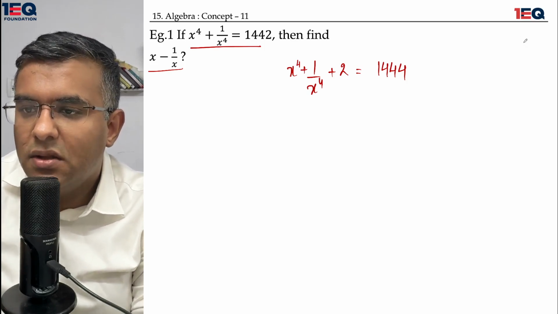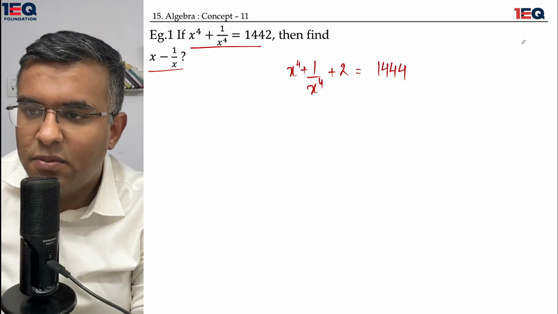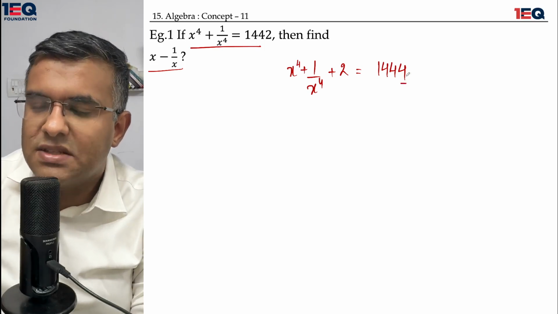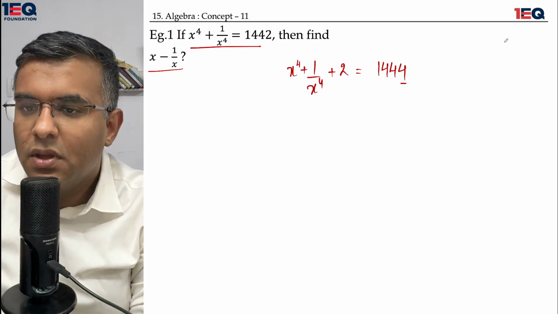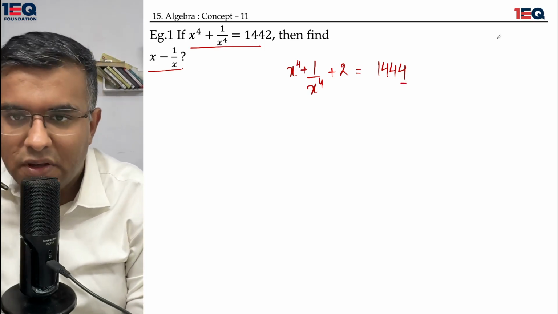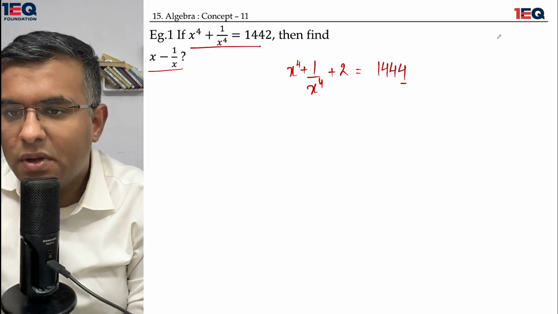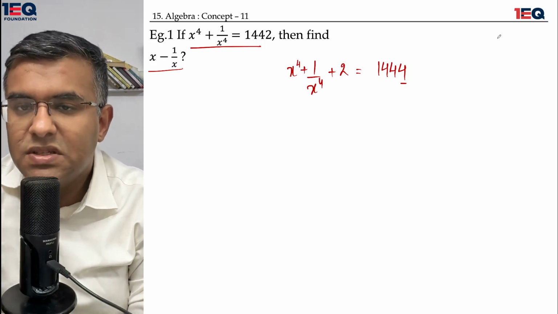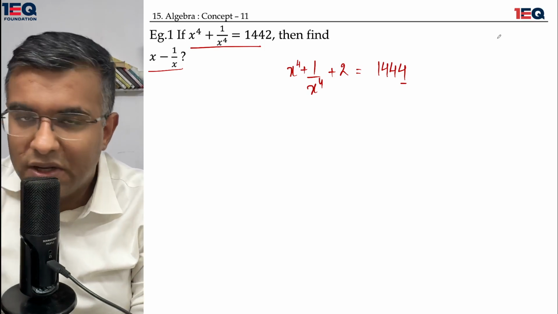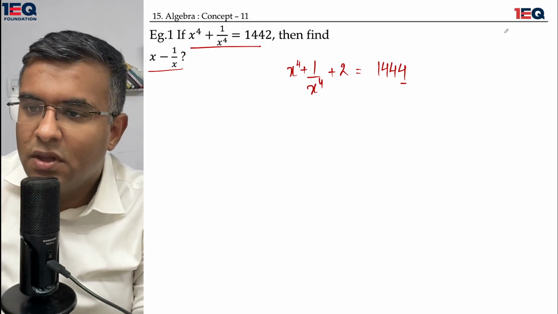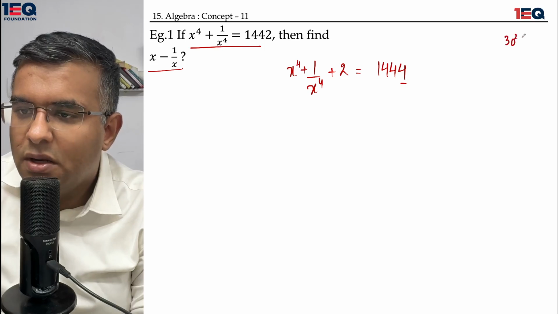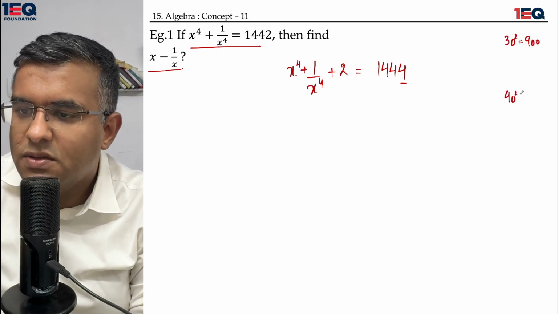If you need to get the square root of 1444, you have to consider the last digit, which is 4. Also, you have to figure out in your mind what could be the number which is close to 1400 in terms of squaring. When I talk about 30 square, I reach 900. When I talk about 40 square, I reach 1600.